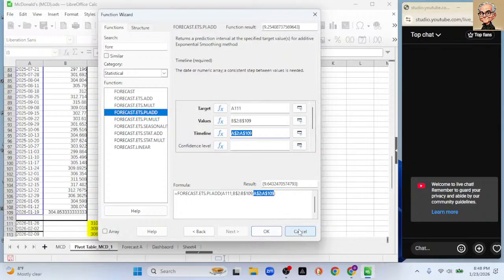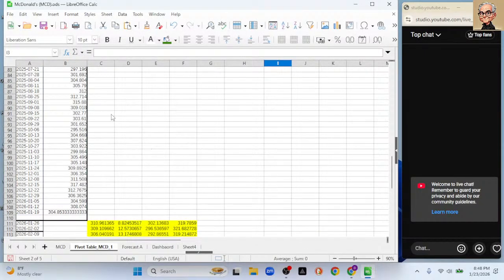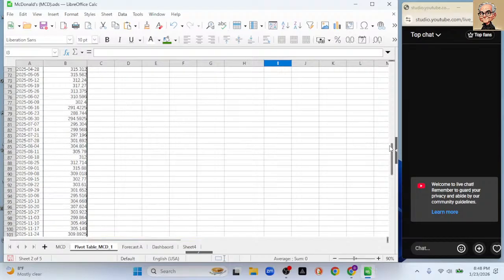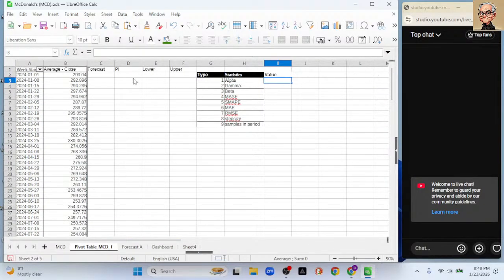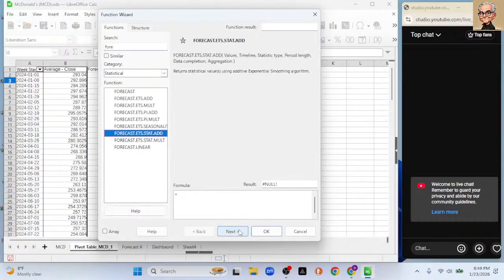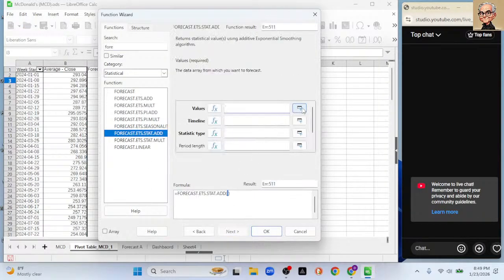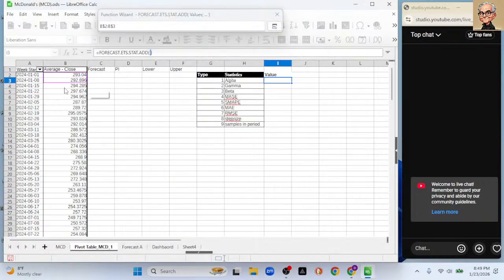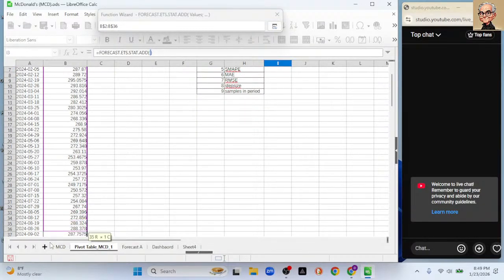Now we're doing the wrong thing, aren't we? What we want to do is the statistics. That's what we want to do. And that's just down here. So our values are our existing numbers.